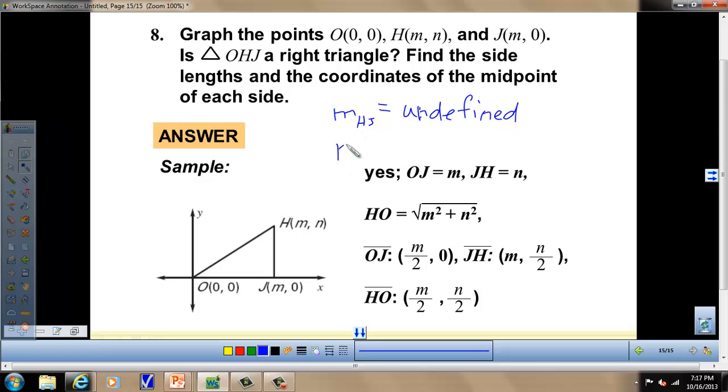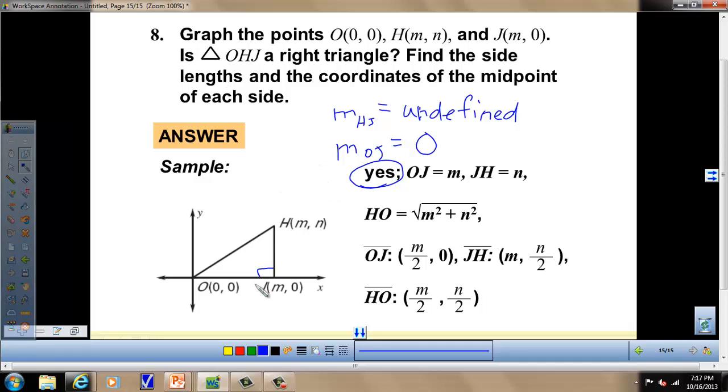We would state that the slope of JO or OJ would be 0, and since these are opposite reciprocals of each other, we know that this is a right angle. Since that's a right angle, we know, yes, it is a right triangle.